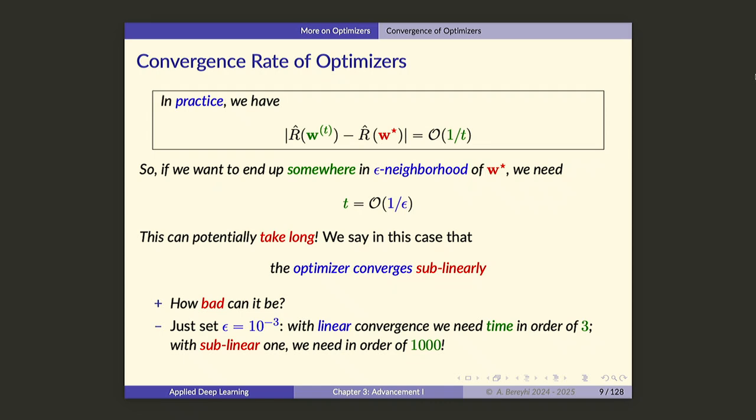If you want to get to 10 to the power minus 10, in the linear case, your time is getting scaled by 10, right? Here, your time is scaled by 10 to the power 10. Forget about it, right? You can never get there, right? So this is a huge difference in the amount of time you need to spend to get close to the optimal point. Yes?